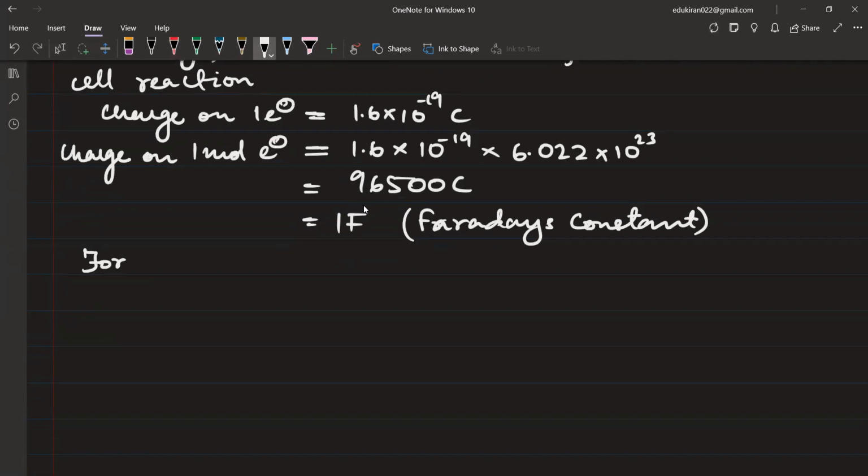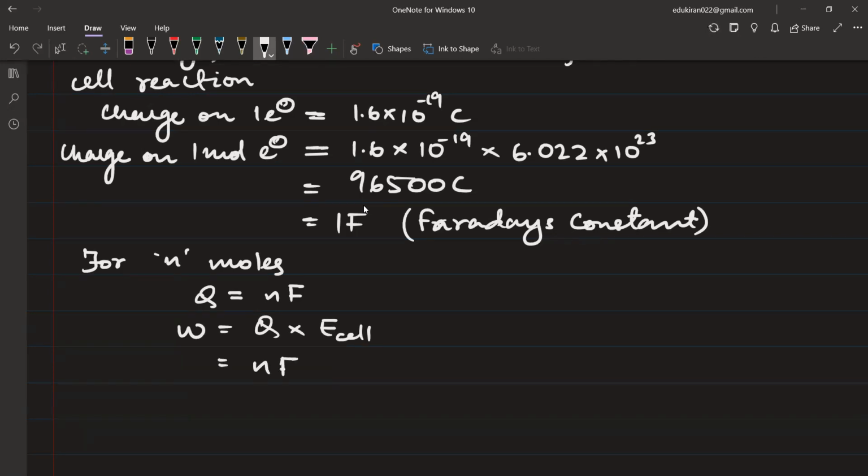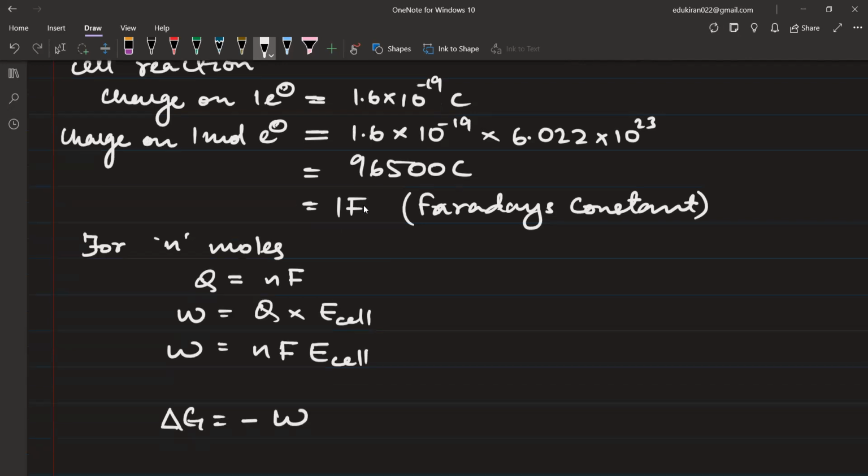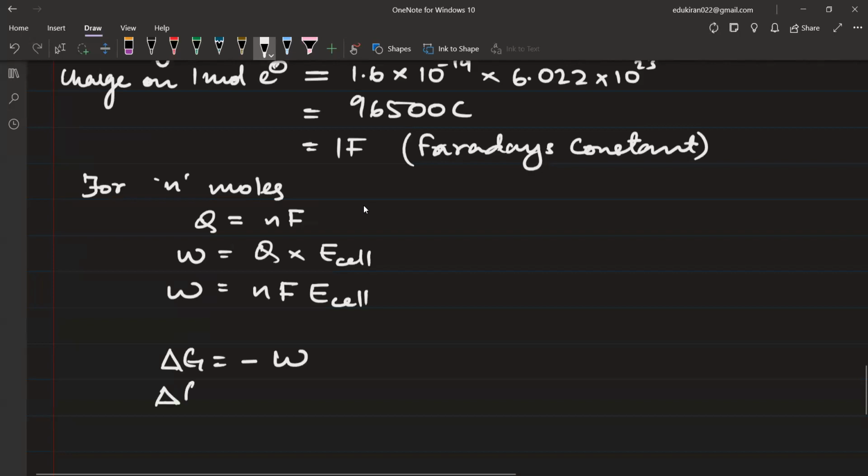Right, for n moles, Q will be equal to n Faradays. That is why work will be equal to Q into E naught, Q into E cell, which will be equal to nF E cell. This is work. And we can write delta G will be equal to minus of W. And what is W?